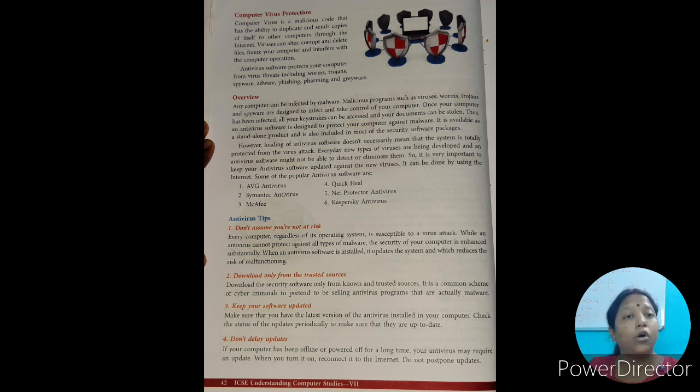Always download antivirus software from a known, trusted source. Otherwise, you will be a victim. You will be cheated by cyber criminals as they try to sell malware under the cover of antivirus programs. So, always download antivirus software from a trusted source.